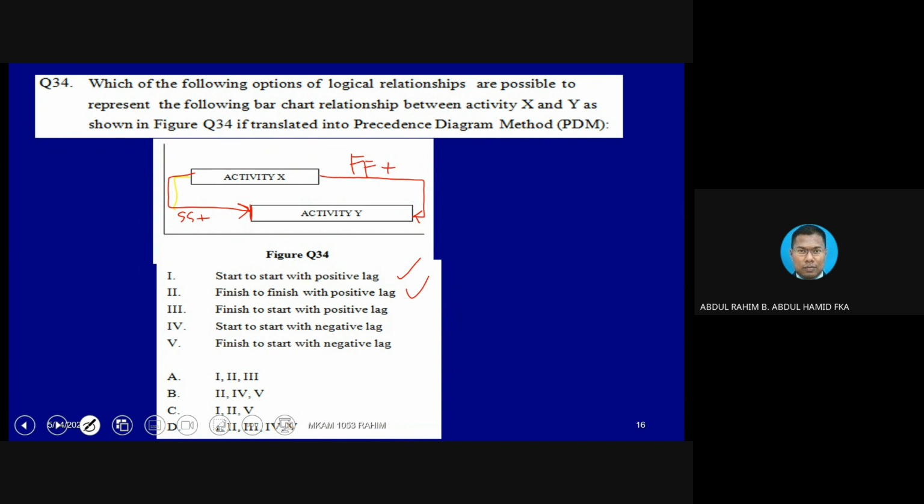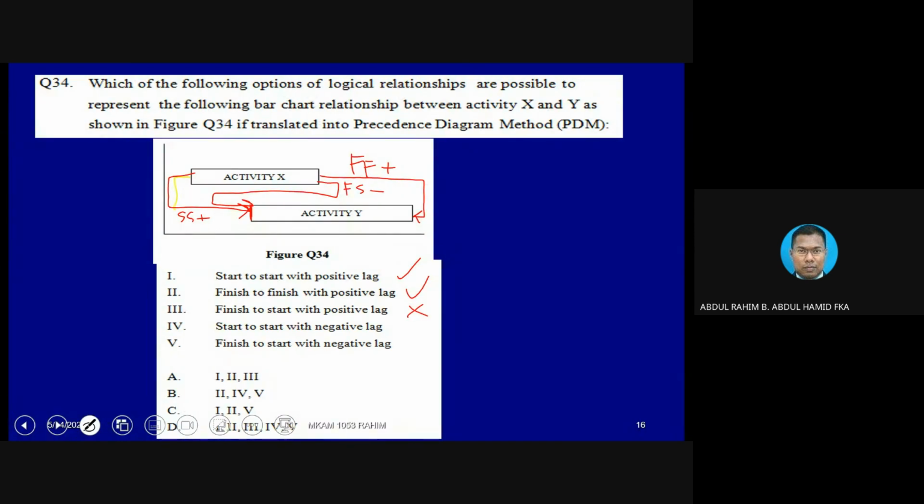Finish to start with positive lag: if we draw something like this, it cannot be, because the starting of activity Y is drawn to the left, meaning ahead of the finish of activity X. So it cannot be. This is supposed to be negative instead of positive. So statement number 3 is not right.